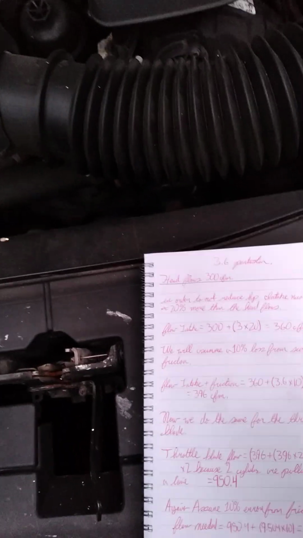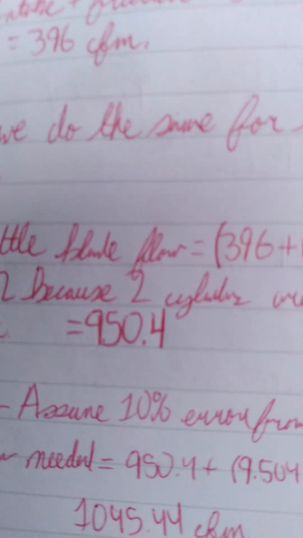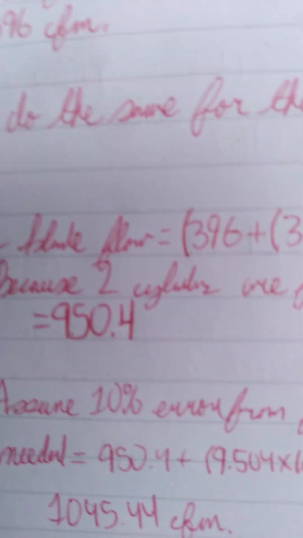So you think we just double that, right? Well, again, we're going to assume a 20% loss. So we need double that plus 20%, which comes out to 950.4 CFM worth of area.